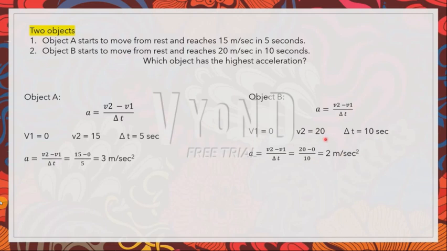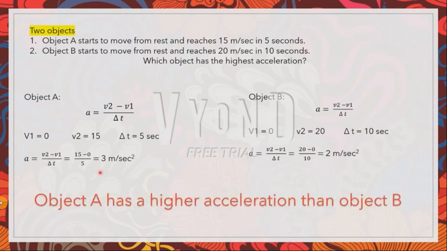V2 equals 20 meters per second, and the time taken to reach 20 meters per second is 10 seconds. So delta t equals 10 seconds. Acceleration equals V2 minus V1 divided by delta t, equals 20 minus 0, moving from rest, divided by 10, which is 2 meters per second squared. This means that object A has higher acceleration than object B.